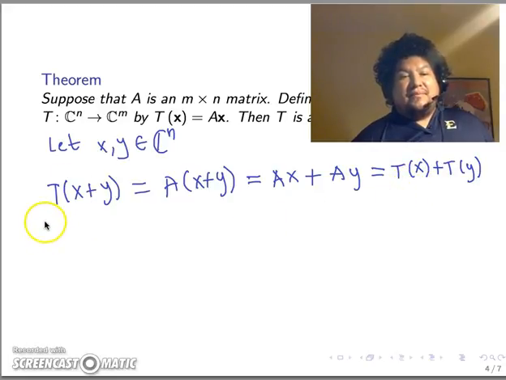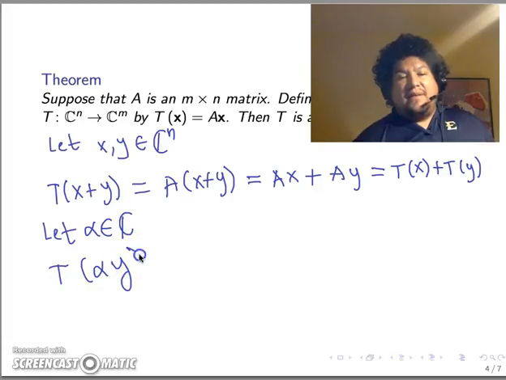And then if we assume that we have a scalar alpha, we can check what happens if we evaluate the linear transformation at the product alpha times y. This would be multiplying the matrix A times alpha y.